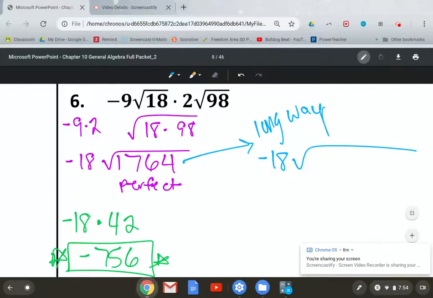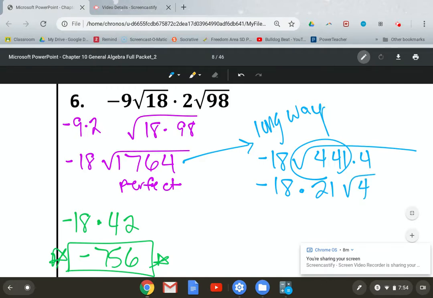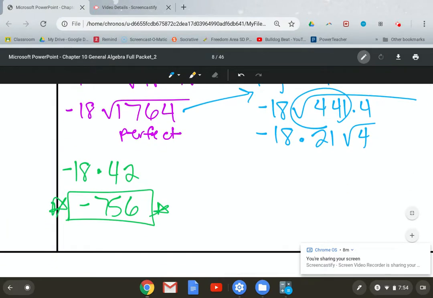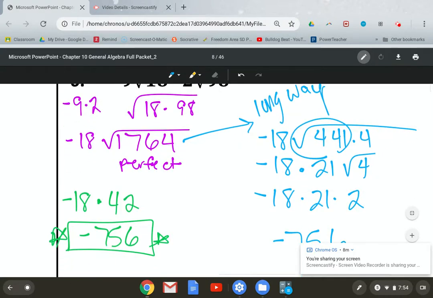And I told kids, it's 441 times 4. And then I was like, okay, that's negative 18 times 21, square root of 4. And then I went, oops, the square root of 4 is 2. So I did negative 18 times 21 times 2. And guess what I got? Negative 756. So that's the long way, which was not the intelligent way, because I forgot to test 1764.